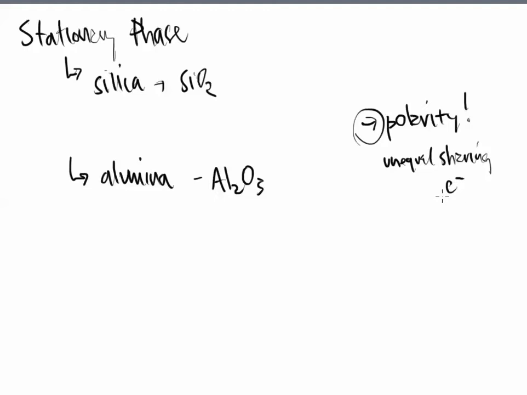electrons. Okay, so for instance, if I had water, here's the Lewis structure of water. Water is a bent molecule, and water has electron pairs on the center atom, and it's bent. And there's an unequal sharing here.